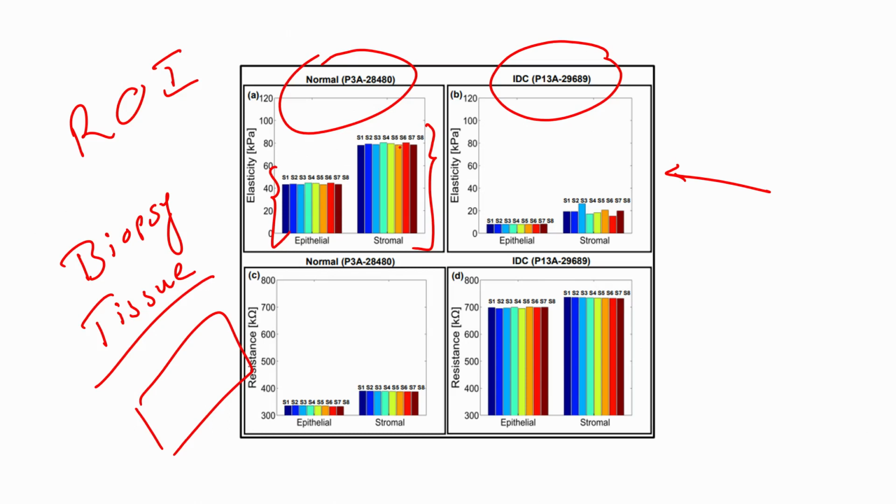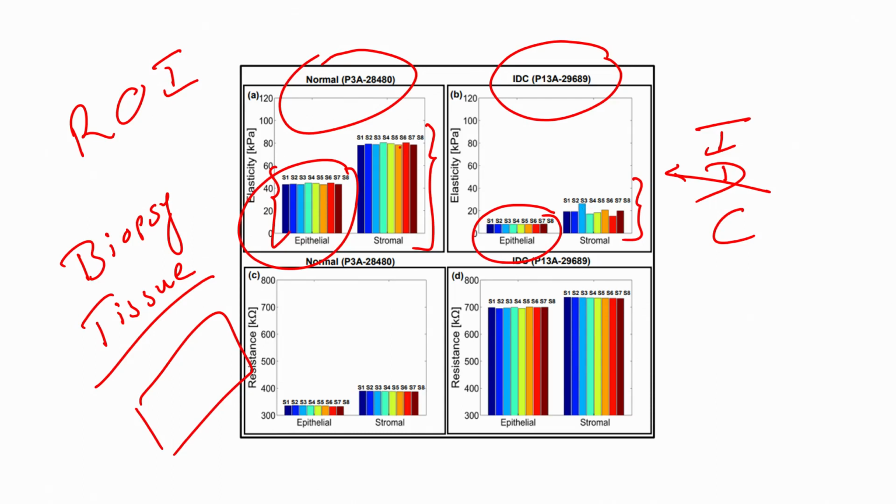But if I compare invasive ductal carcinoma, this is a cancer tissue from the cancer region, and what we see here is that the elasticity in the epithelial region, compared to the epithelial region of a normal patient, is extremely less, around 15 or 10 kilopascal, where the elasticity for the epithelial region in the normal case is around 40 kilopascal. Even for the stromal region, you can see that it is about 20 kilopascal here, where there it is around 80 kilopascal.